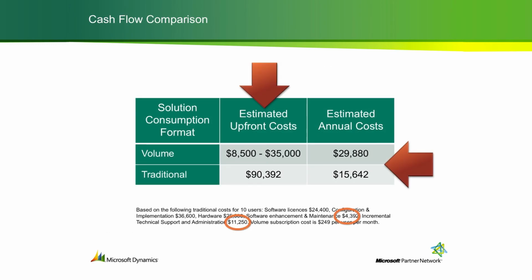Let me give you a bit more of a specific example here, going back to our earlier example in terms of cash flow comparison, comparing a solution being consumed in the traditional format, a 10-user deal, versus a cloud or subscription-based model, really in order to incent the kinds of conversions before a customer might otherwise be forced to convert their system, or in its natural replacement cycle want to convert it.